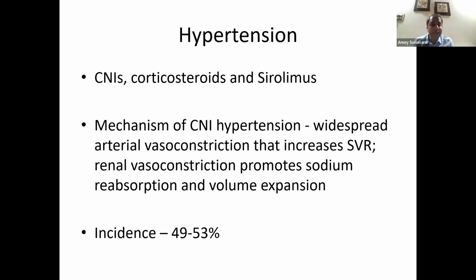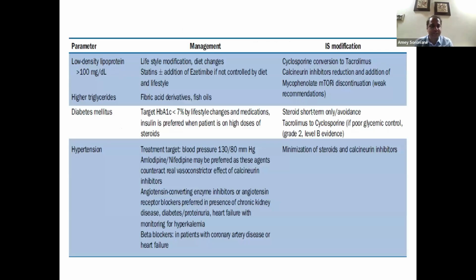Now, the incidence is a whopping 50% post-transplantation, especially at 5 to 10 years post-transplant. Almost 50% of patients may end up having high blood pressure. And how do we treat these patients? If they have high blood pressure, the target should be 130 by 80 millimeters of mercury. The best drug to use for these patients is amlodipine or nifedipine.